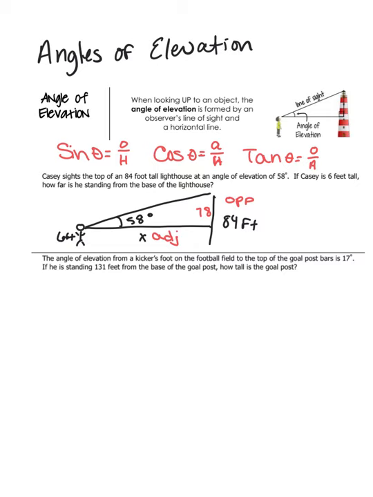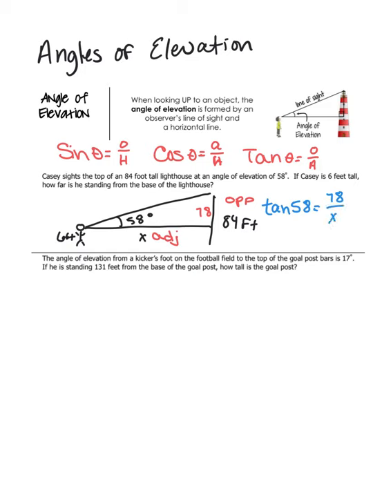So which trig function deals with opposite and adjacent? Well, that's tangent. So I'm going to set up my trig function as the tangent of 58 is equal to my opposite over my adjacent.